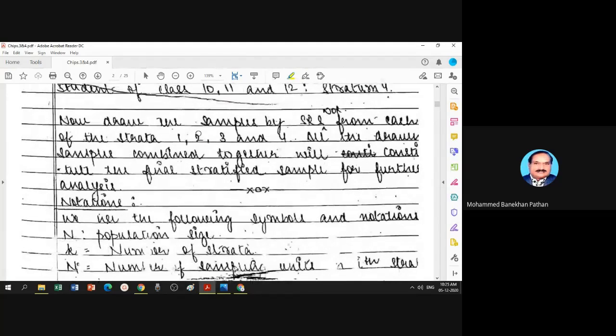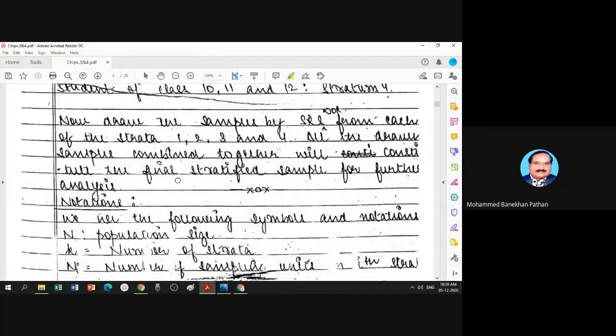Now draw the samples by simple random sampling without replacement from each strata. So all the drawn samples combined together will constitute the final stratified sample for future analysis.